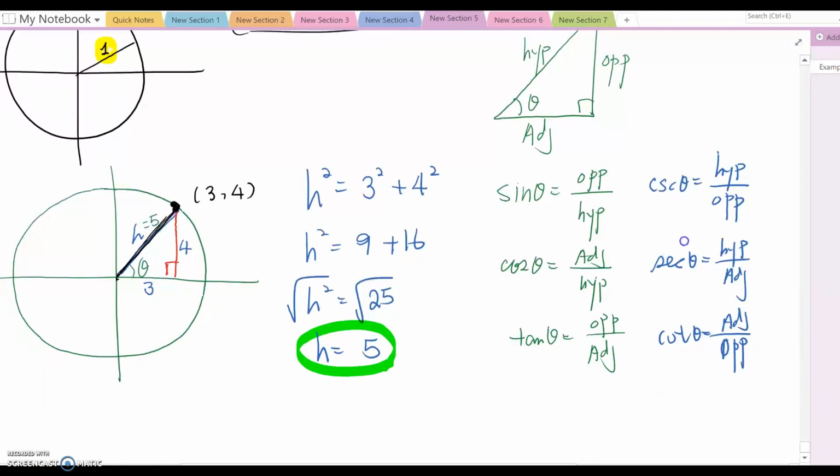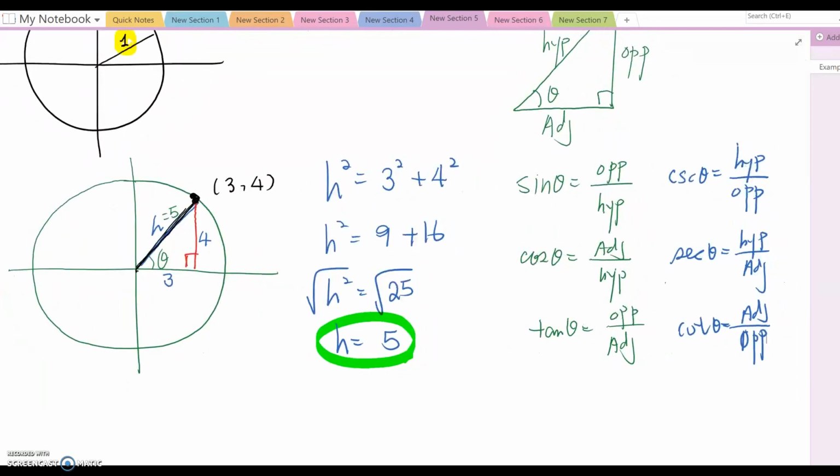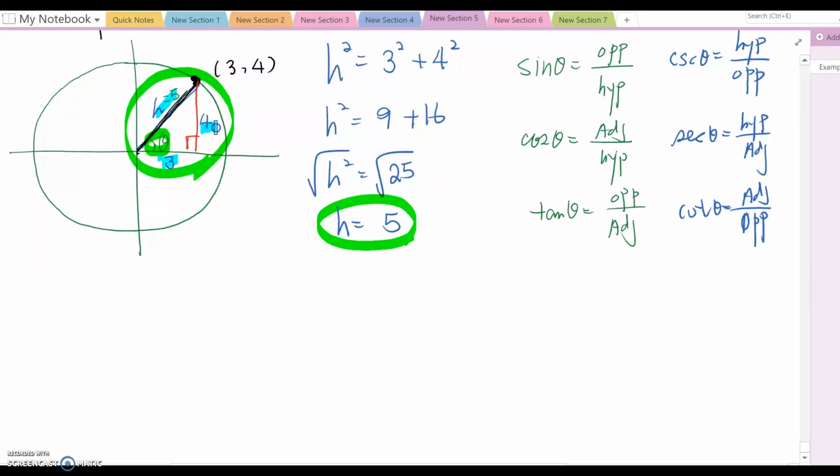Okay, so when you look at this circle here, what do you see? So based on this angle value, we can say this is the opposite, this is the adjacent, this is the hypotenuse here. So, based on these lengths, we can define the sine, cosine, tangent, cosecant, secant, and cotangent values.